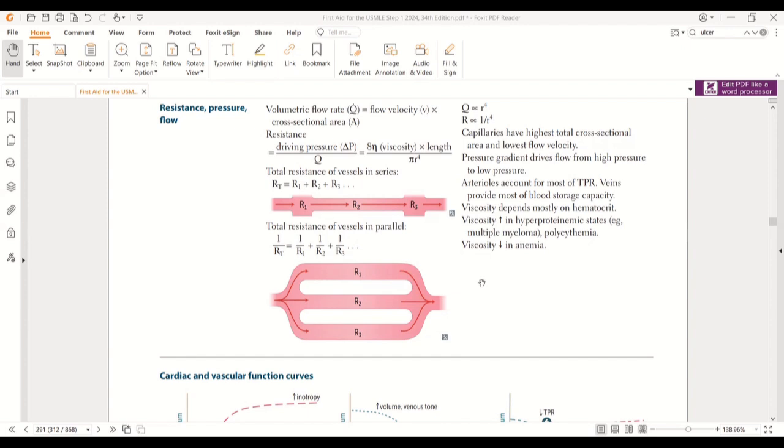They ask what happened to the resistance: increase, decrease, remain the same. And what happened to the viscosity: increase, decrease, remain the same. And what happened to the hematocrit, right? So this is the application of this concept in the question.